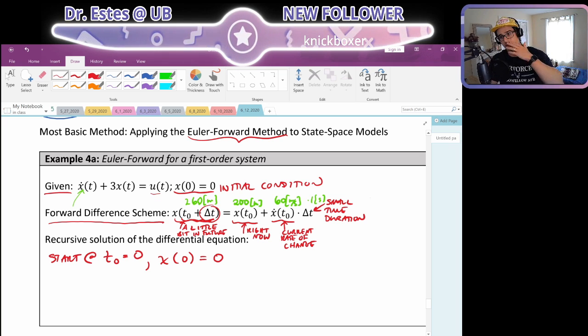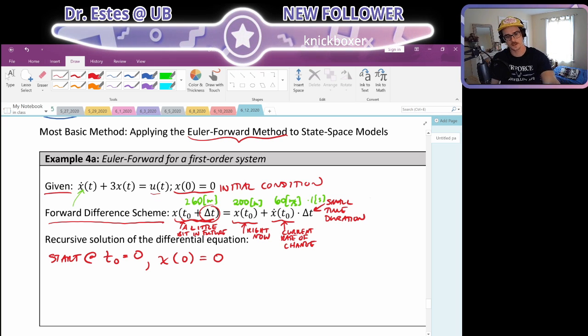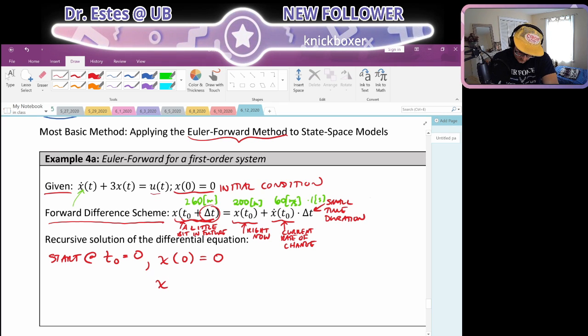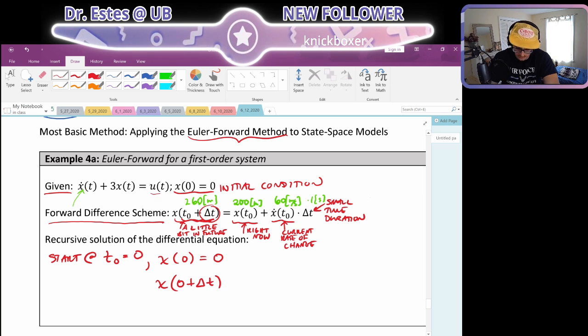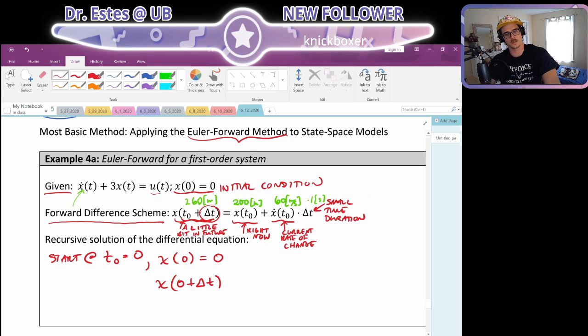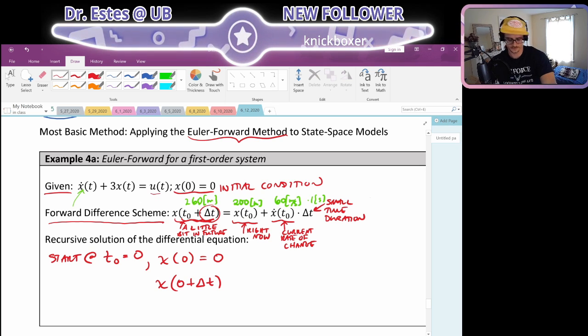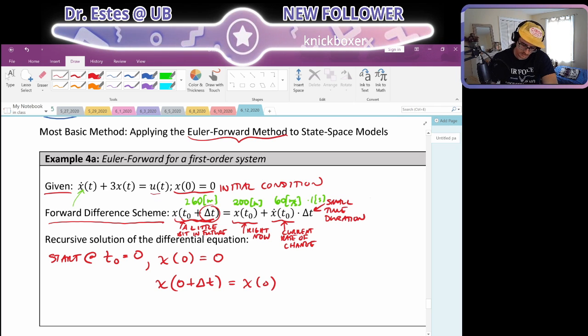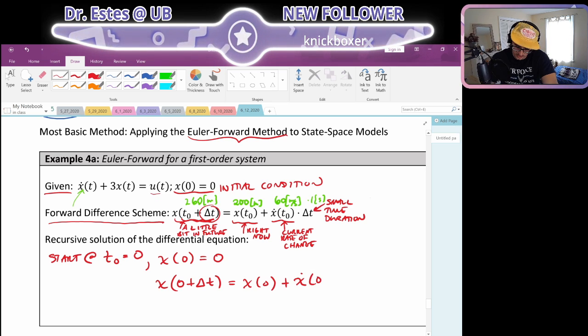That's my initial condition, x0 equals 0. So what is x at 0 plus delta t, a little step forward in the future? Well, I know that should be x at 0 plus my rate of change at 0 times that little time difference.